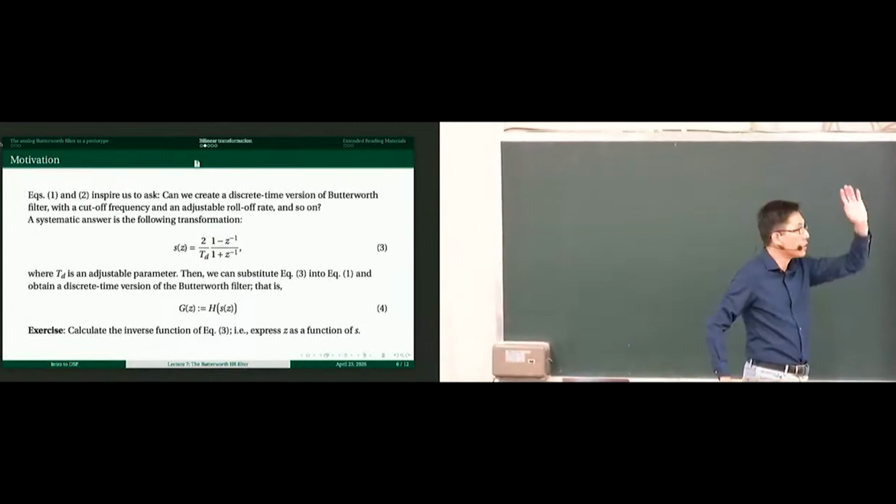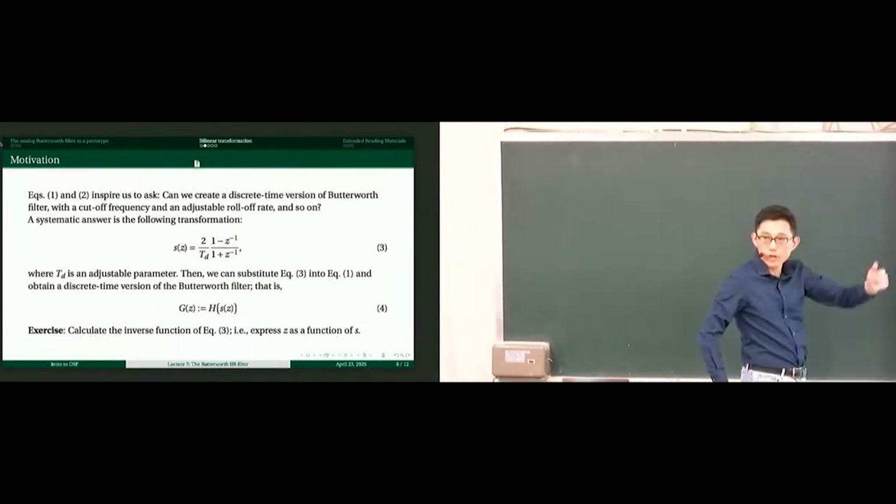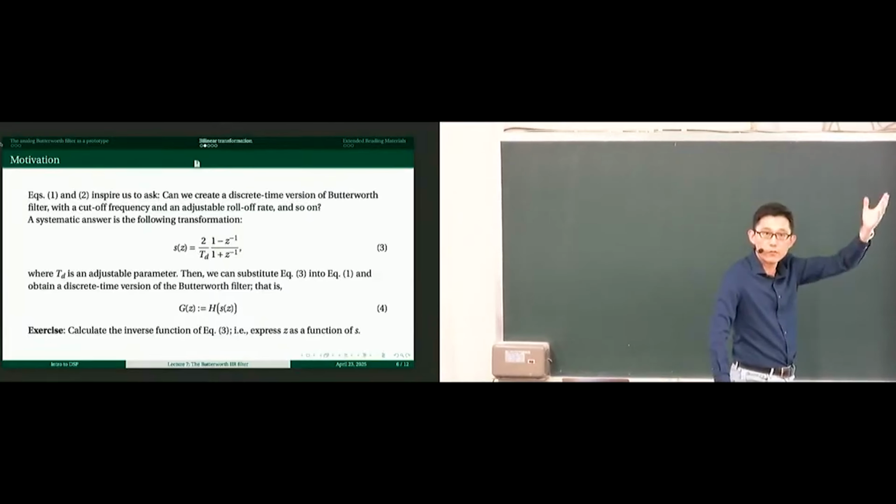In general, it's going to be our old friend B of Z divided by A of Z. And when you have that expression, it's rather straightforward to find the difference equation corresponding to B(Z) divided by A(Z).